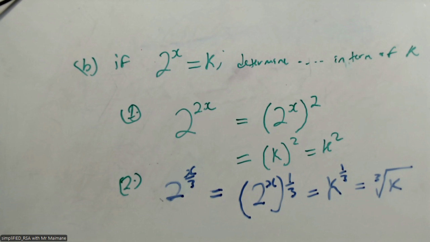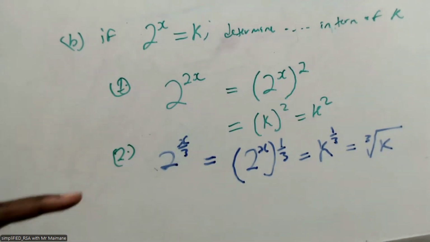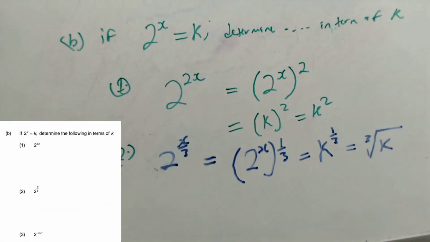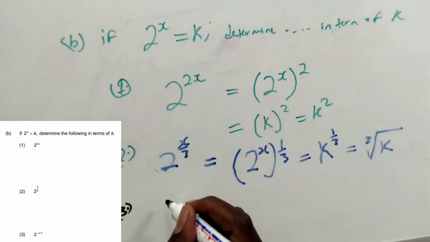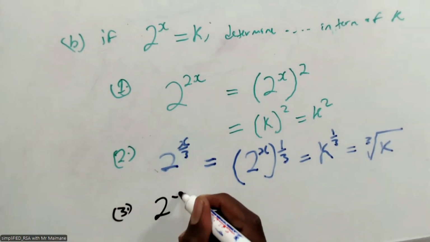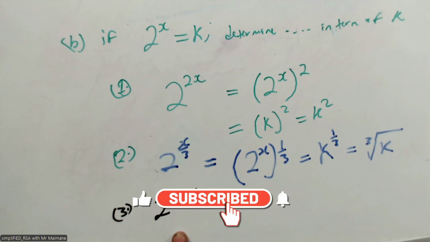I hope I can squeeze in number 3 here as well. So number 1, number 2, and number 3, we are required to prove. Let me get a different color as well. So number 3, we have 2 to the negative x, plus 1, like that. It might look complicated, but there's nothing to worry about, because if you look at this, you can break it down like this.